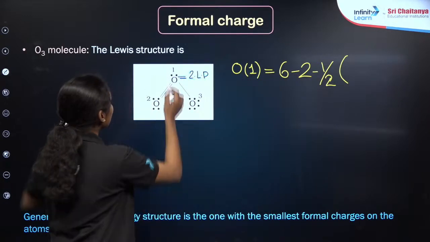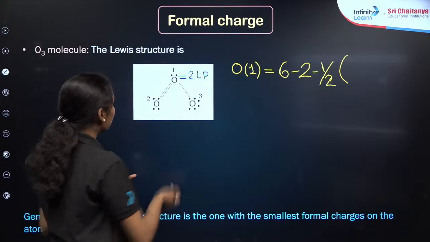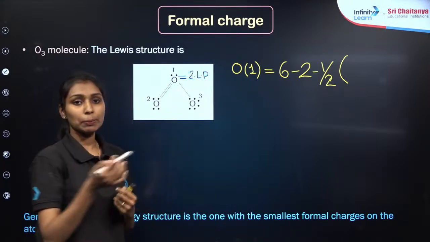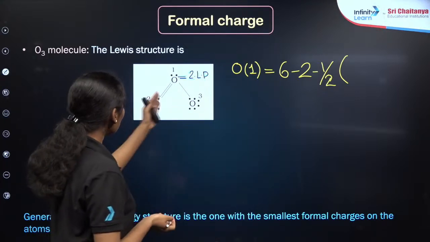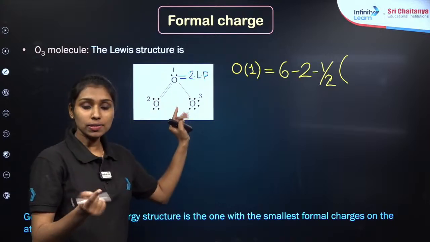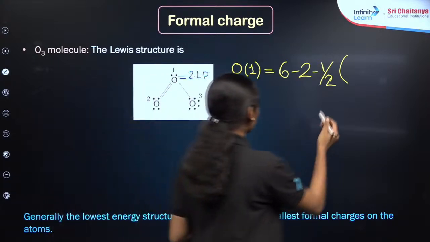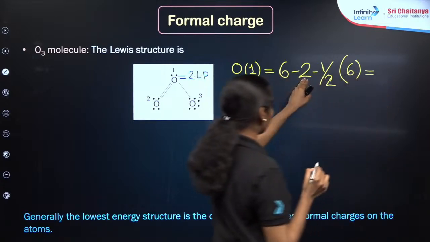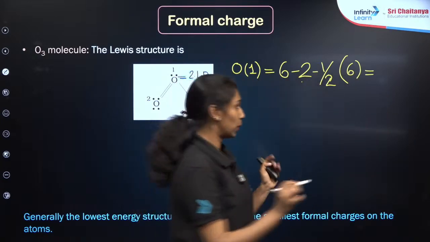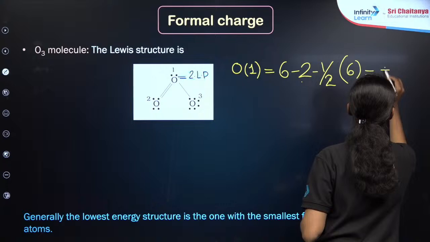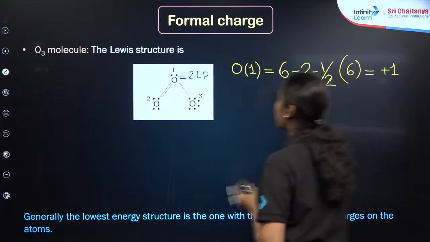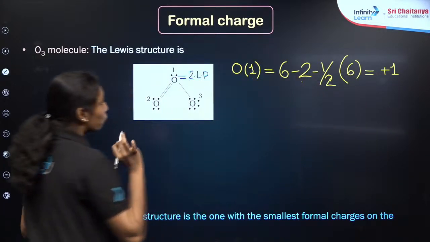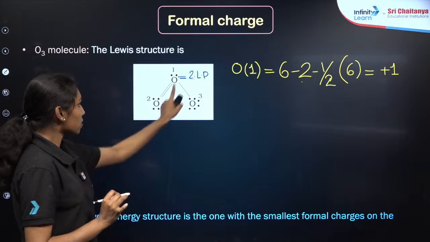Here you can see in the case of first oxygen, how many bonds are present? 1, 2, 3, right? 3 bond pairs are present. 3 bond pairs means in total how many electrons? 3 into 2, 6 electrons, right? So I am taking 6. Then what will be the formal charge? 6 minus 2, 4. 4 minus 3, that is equal to plus 1. Plus 1 will be the formal charge of the first oxygen present in the ozone molecule.